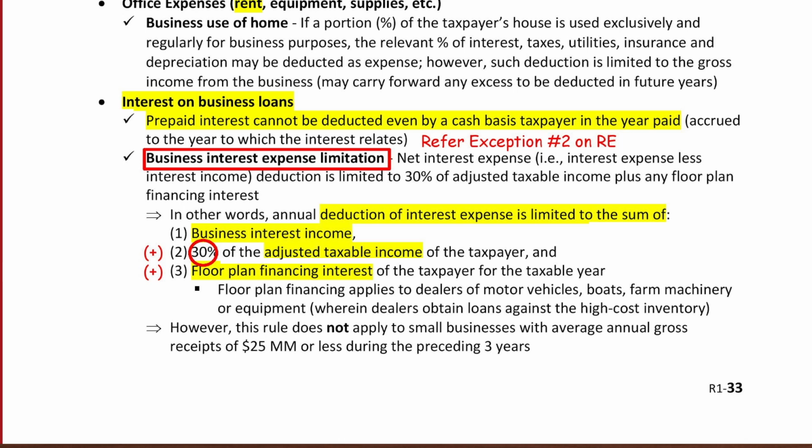Where floor plan financing applies to dealers of motor vehicles, boats, farm machinery or equipment, wherein dealers often obtain loans against the high cost inventory. However, this business interest expense limitation, underline, does not apply to small businesses.